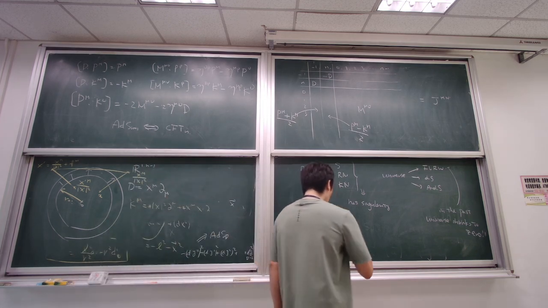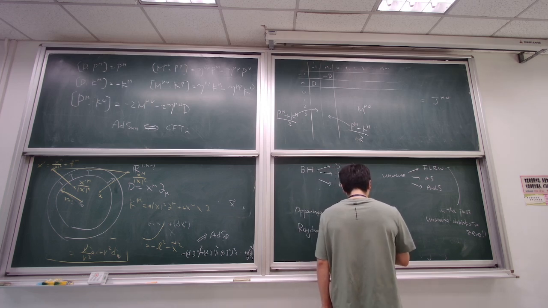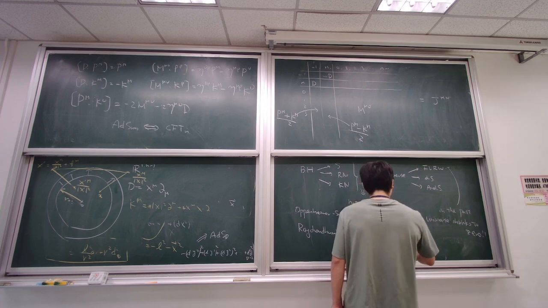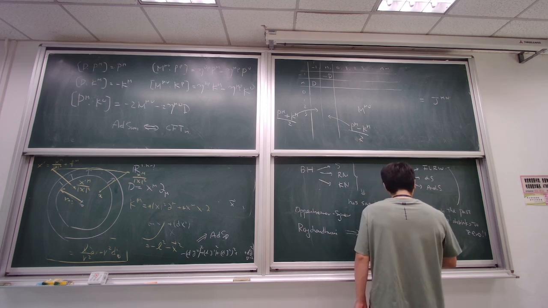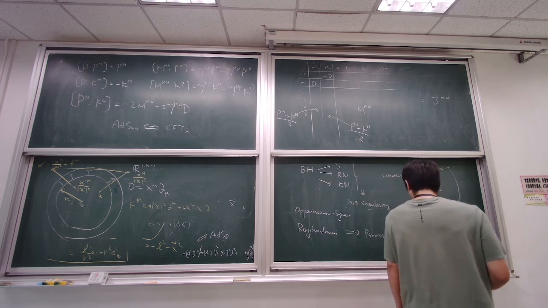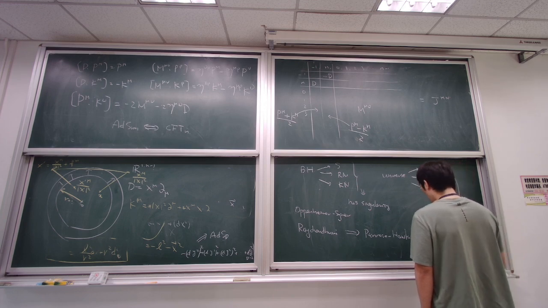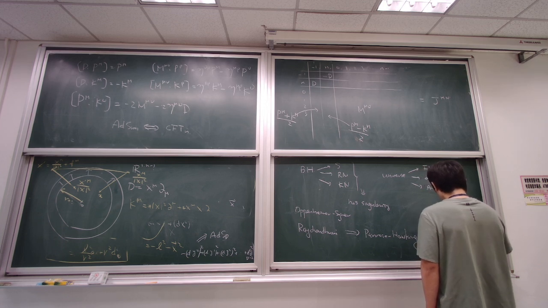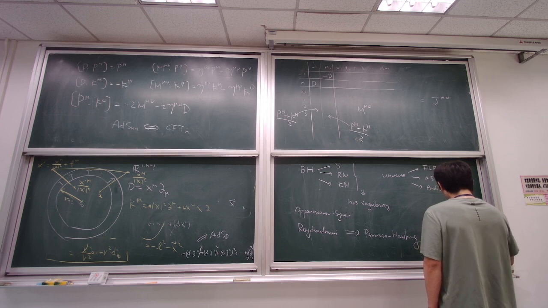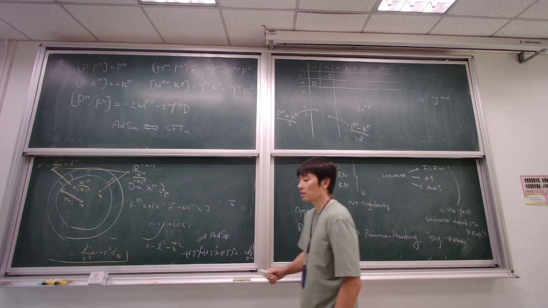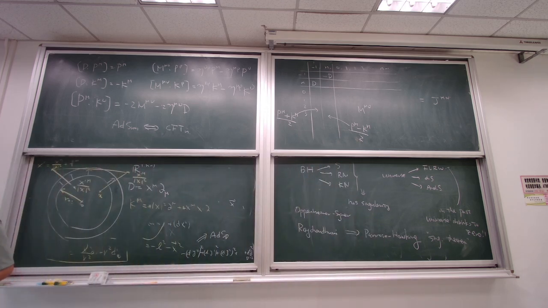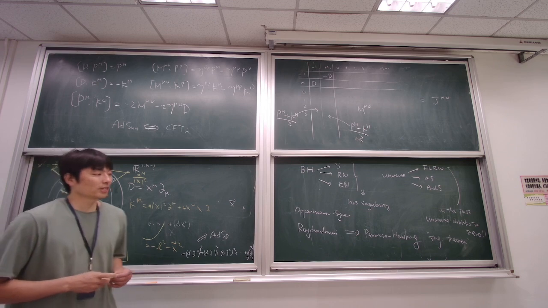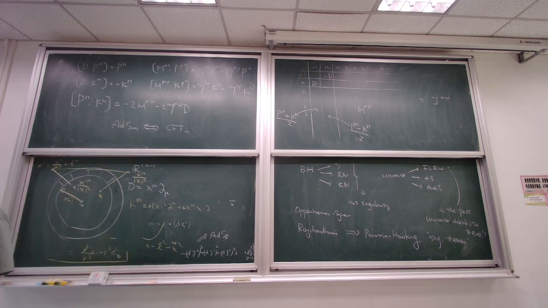And from here, Penrose and Hawking showed the so-called singularity theorem: that inevitably, if you solve the Einstein equation, you encounter the singularity of space-time.